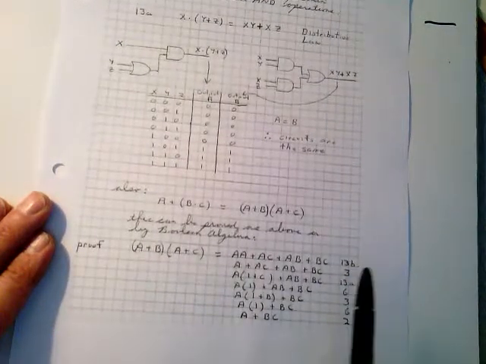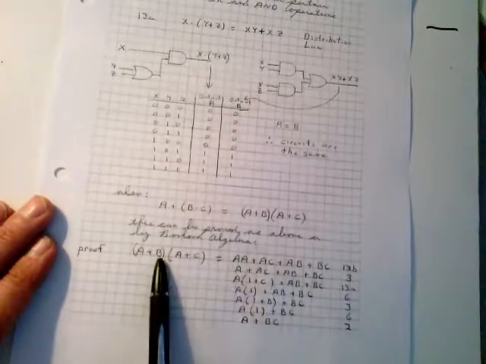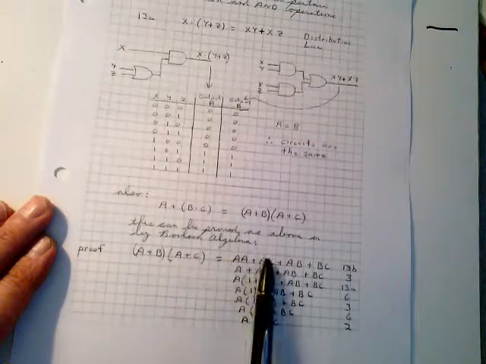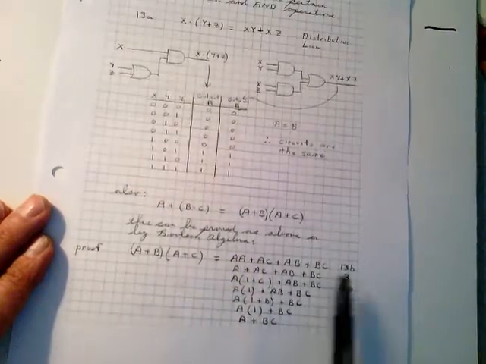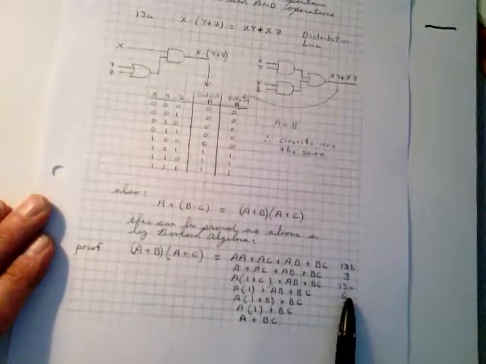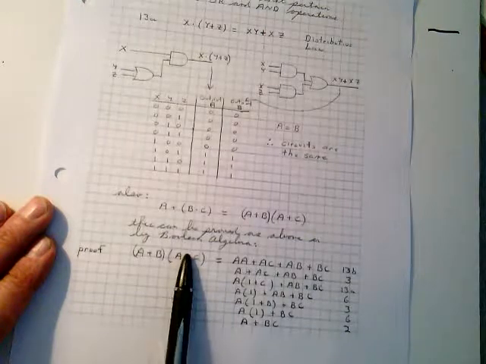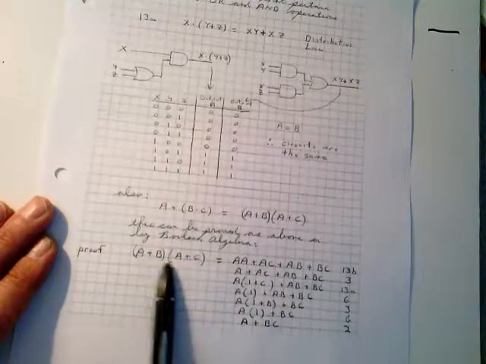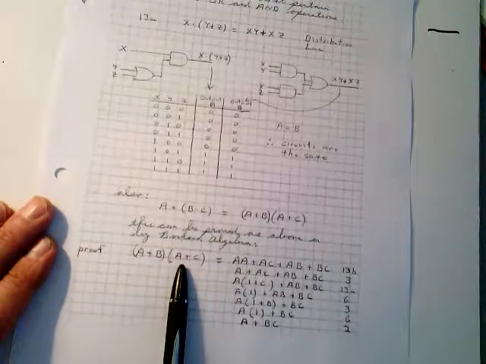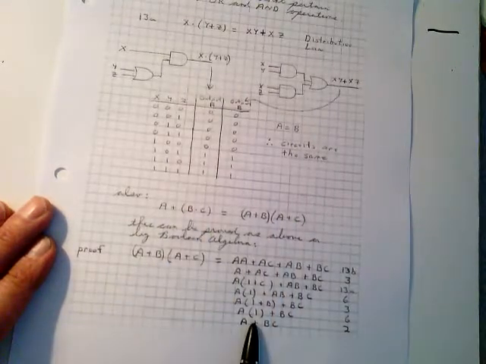Theorem 13b allows us to distribute this. That's more or less just like an algebra class. Theorem 3 gives you this, 13a gives you this, Theorem 6 gives you this, and the proof is that this circuit being implemented is the same thing as this circuit.